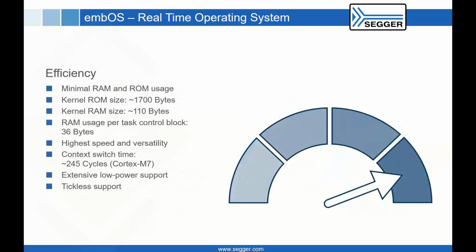Efficiency is another trait of MBOSS. Since we've been working on it for so long, as you can imagine, 28 years ago, the embedded systems world looked very different. There were 8-bit controllers, maybe some 4-bit controllers, long before 16 and 32-bit controllers.